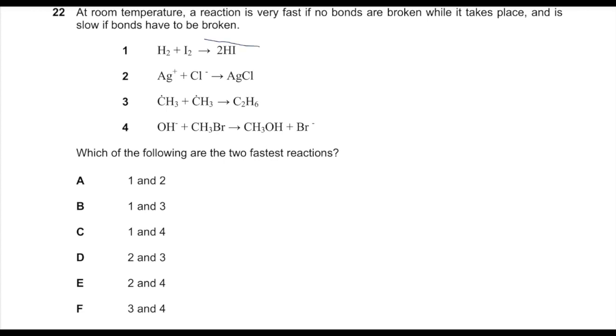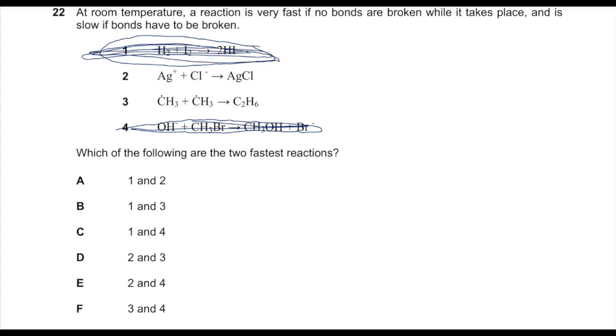Definitely 1, because you have to break the hydrogen-hydrogen bond and the iodine-iodine bond to allow the hydrogen and the iodine atoms to react. And 4, you have to break the carbon-bromine bond in order to allow the hydroxide ion to react with the carbon. So therefore, 1 and 4 are incorrect, and you're left with 2 and 3 as your answer.